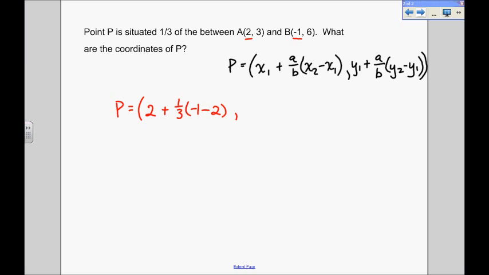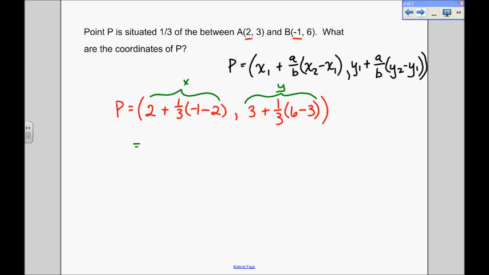And for the y side, I have y1, which is 3, plus 1/3 times the difference in the y's, 6 minus 3. And this is my calculation for the y. So this is my calculation for the y-coordinate, and this is my calculation for the x-coordinate. You can do them separate, just as I did in the first example. You can also do them simultaneously, as I'm doing here.